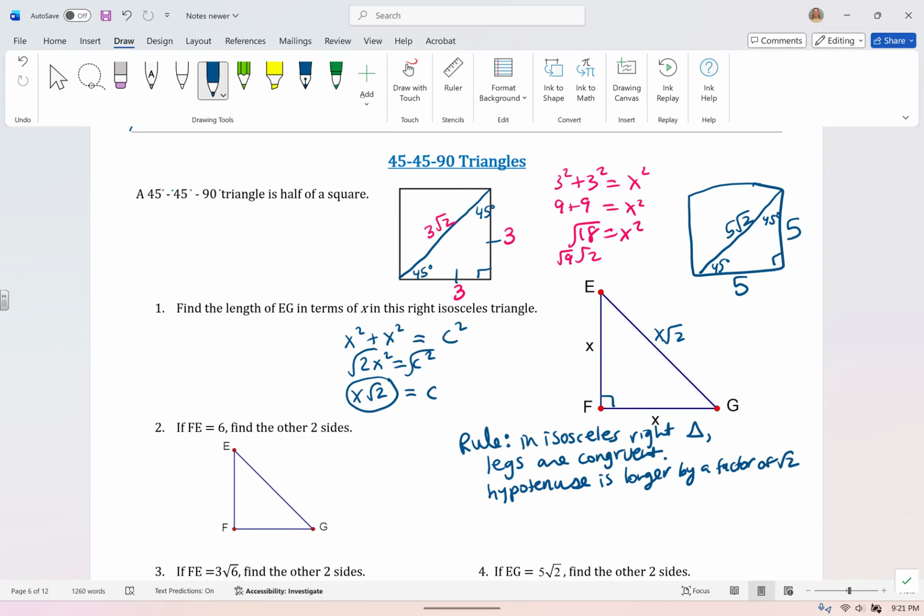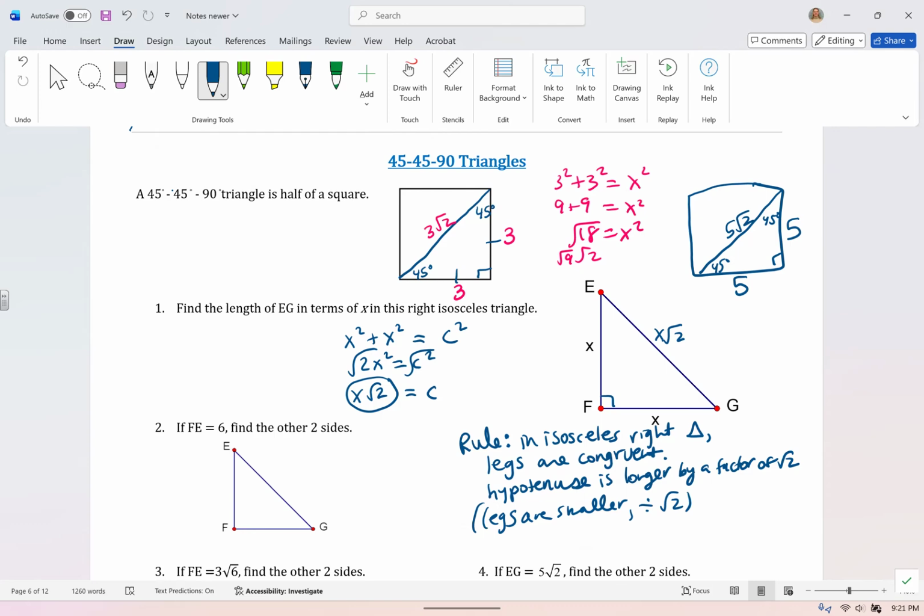And then the legs divide by root 2. Okay, so if you know the legs of a 45, 45, 90, or of an isosceles right triangle, you can times them by root 2 to get to the hypotenuse.